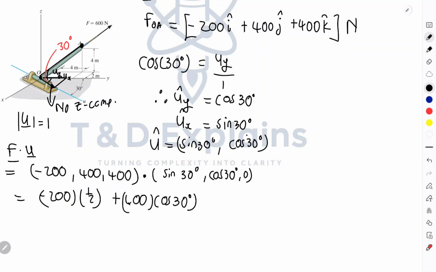The other term I do not care about because it's going to fall off, 400 times 0. Then it's going to be negative 200 times 1 over 2 plus 400 cos of 30. You get a value of 246.41 newtons. And that's it for this question.